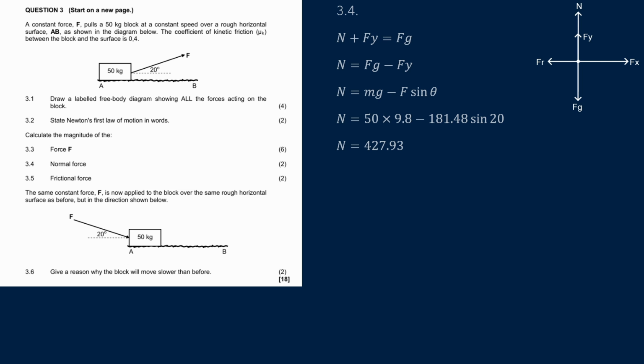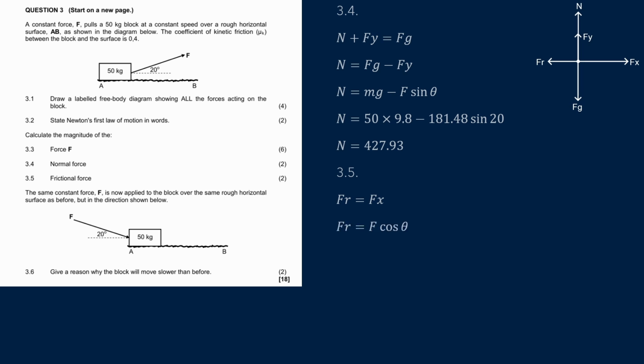Again, I've already in a way calculated the frictional force in 3.3, but because everything was so complicated there, let's break it down nicely on a clean slate. I know that the box is moving at constant speed, and hence acceleration is 0, and that will mean forward forces are equal to backward forces, and hence frictional force is equal to Fx, or the horizontal component of the force.